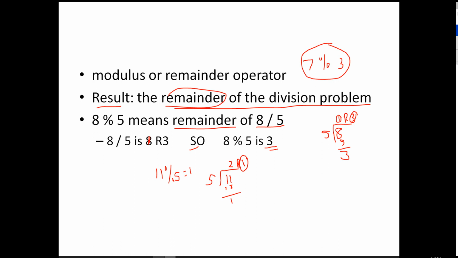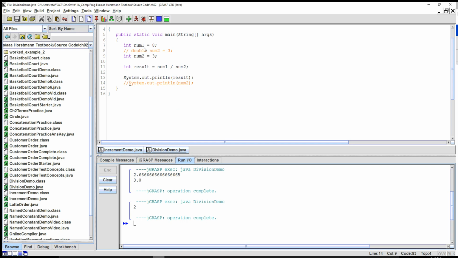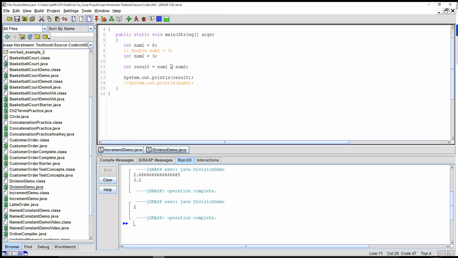And so just really quickly here then, let's change this to modulus. Just do one example here. Num1 modulus num2. So 8 modulus 3. Let's change this to 5.